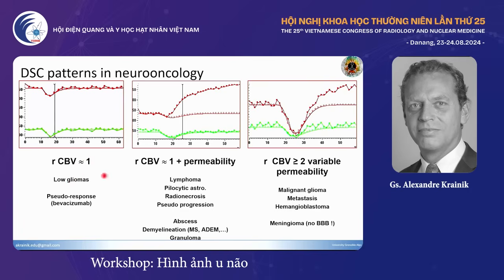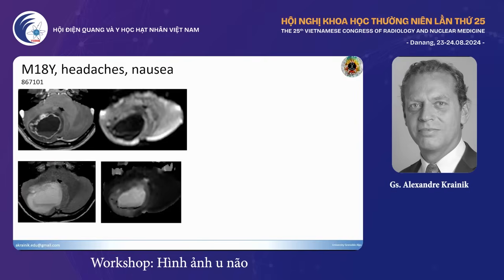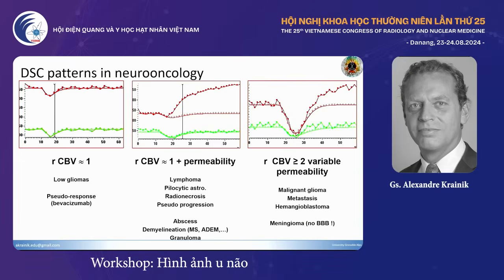Or you may have a roughly normal cerebral blood volume, but with permeability, meaning that all those lesions have contrast enhancement, but not necessarily associated with neoangiogenesis, such as lymphoma, pilocytic astrocytoma, radionecrosis, and of course most of the non-neoplastic brain lesions, such as infectious abscess, demyelination, granuloma, and so on.